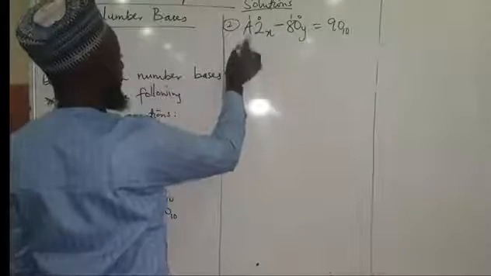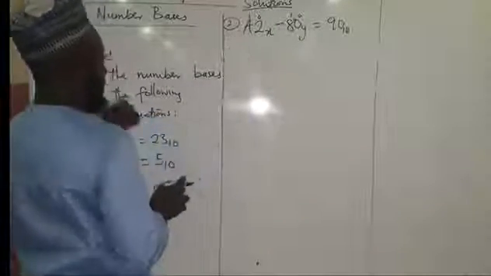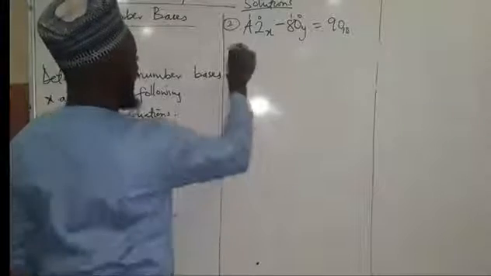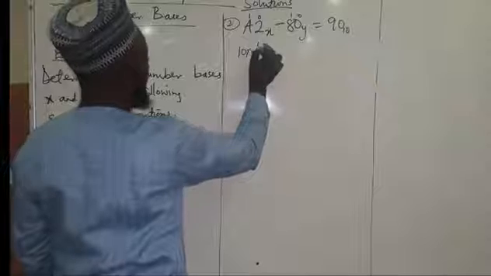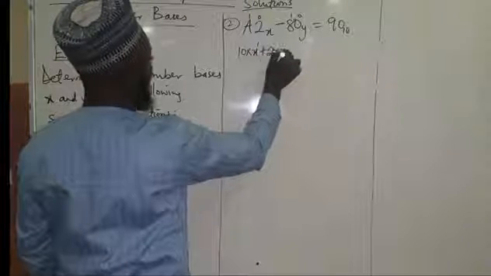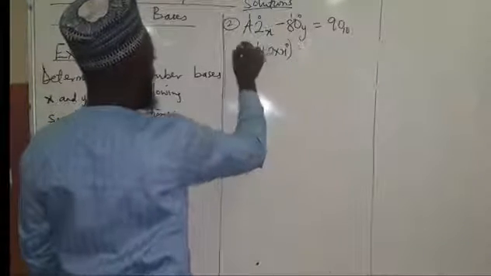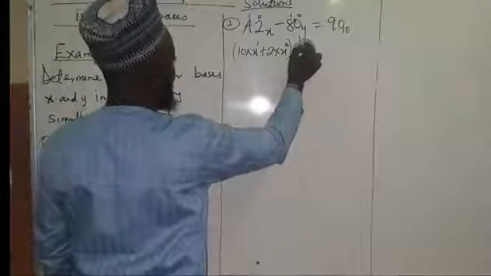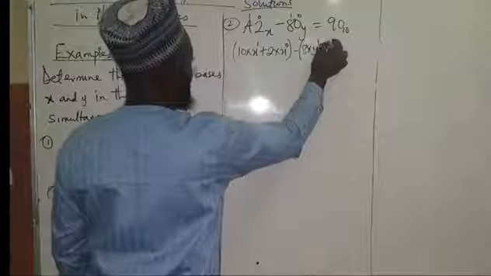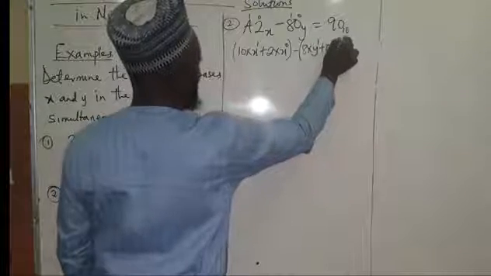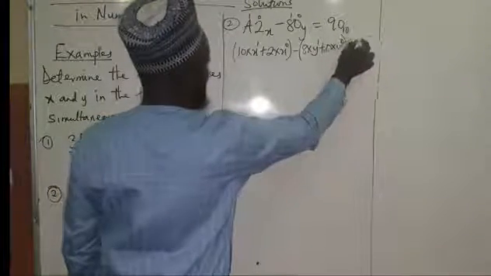In that case, we're going to have a, which is equal to 10 multiplied by x raised by 1 plus 2 multiplied by x raised by 0. So this here minus 8 times y raised by 1 plus 0 times y raised by 0.